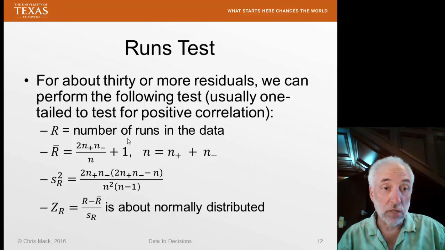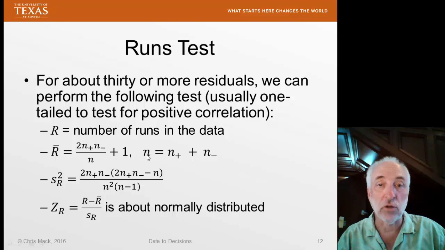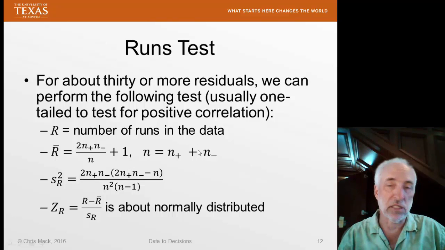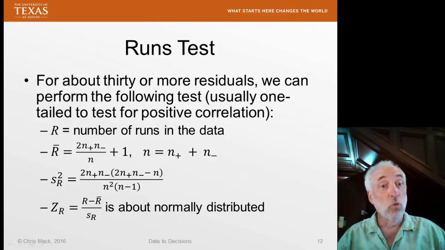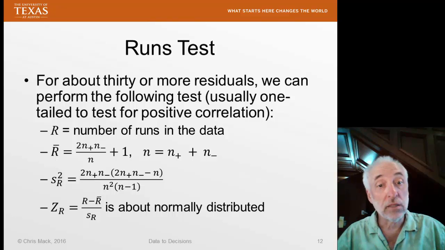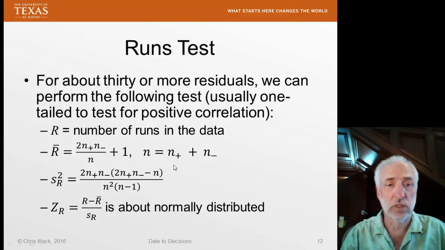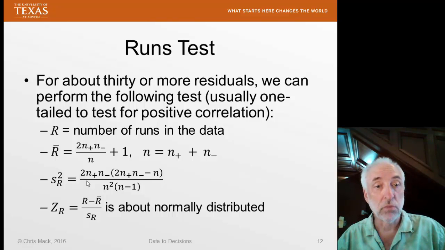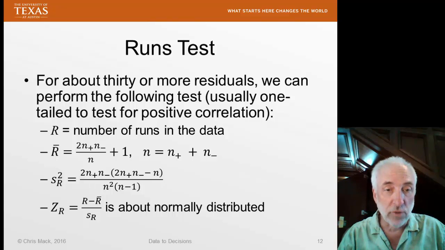That value is R bar, which is given by this formula, where n plus is the number of pluses, n minus is the number of minuses, n is the total number of data points, and R bar is calculated based on how many pluses and minuses we observe in the data. We can also determine the variance that we would expect, again assuming a binomial distribution of these runs, with this formula.